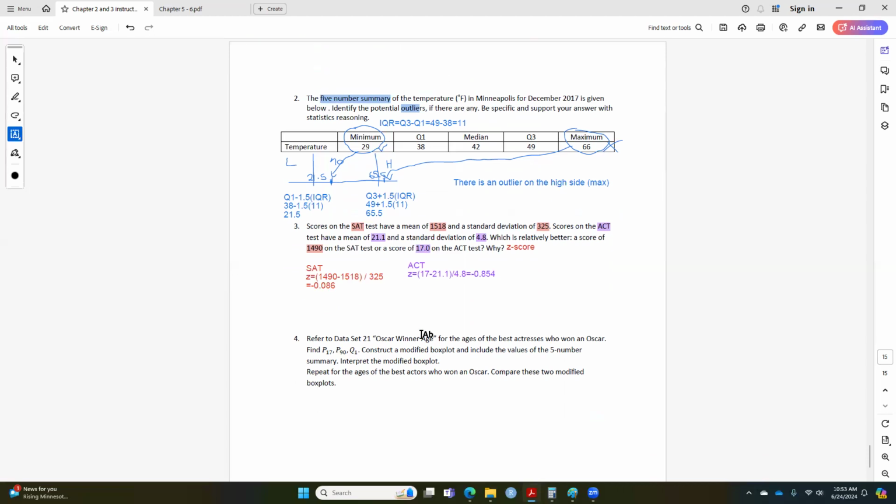SAT. Yes. So the SAT is better because the z-score for the SAT is higher than the z-score for the ACT. If you look at this, the SAT z-score is closer to 0, but if you look at the ACT, the z-score is closer to -1.